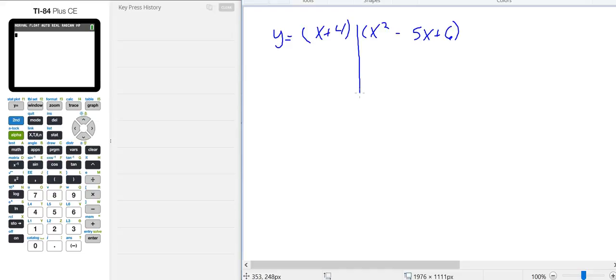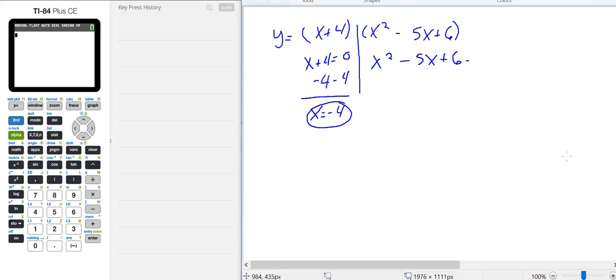This is in factored form, so x plus 4 is equal to 0, and this is very easy to solve. Just subtract 4 and subtract 4. x is equal to negative 4. This is one of the roots. This polynomial function crosses the x-axis at x is equal to negative 4. And then we have the other factor. x squared minus 5x plus 6 is equal to 0.